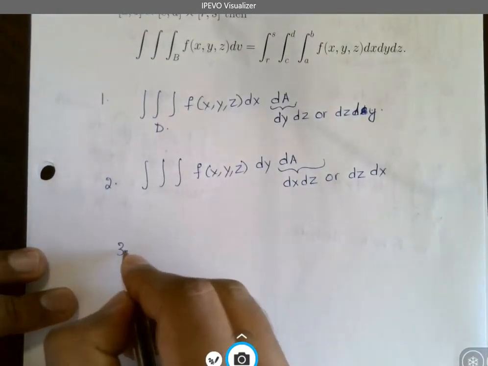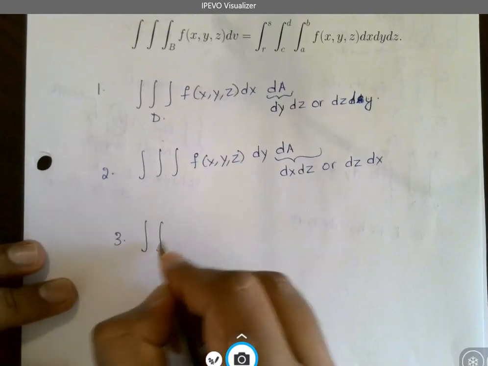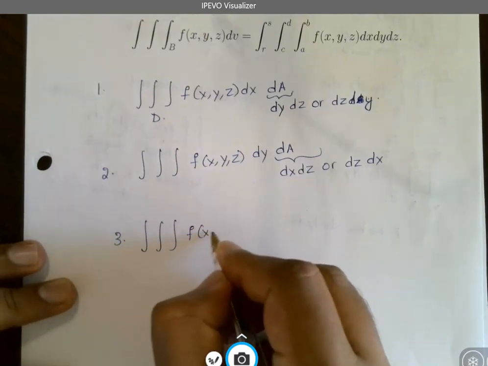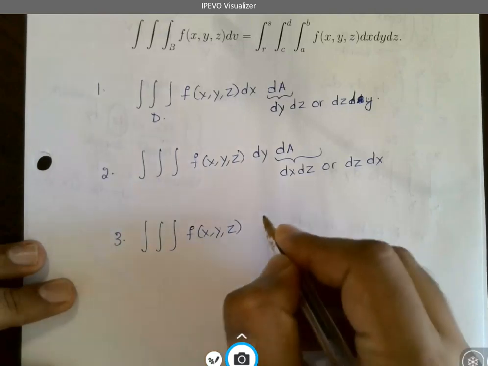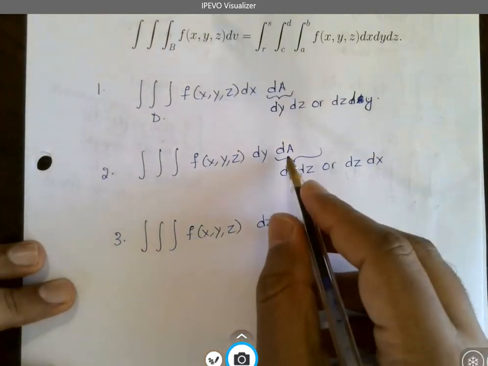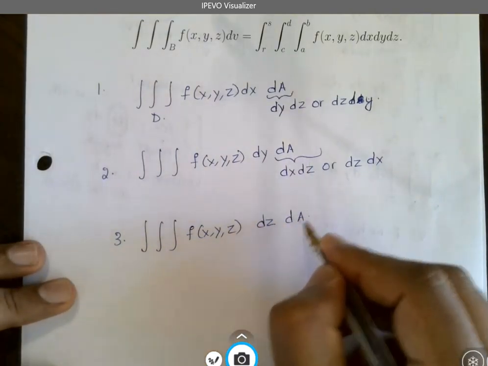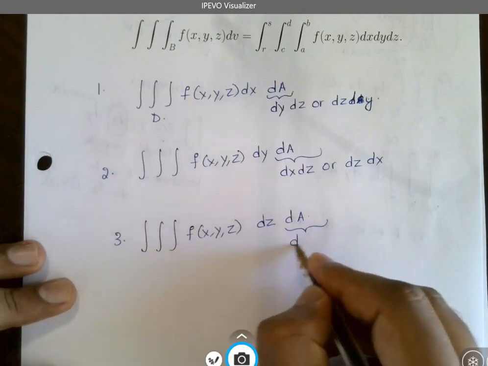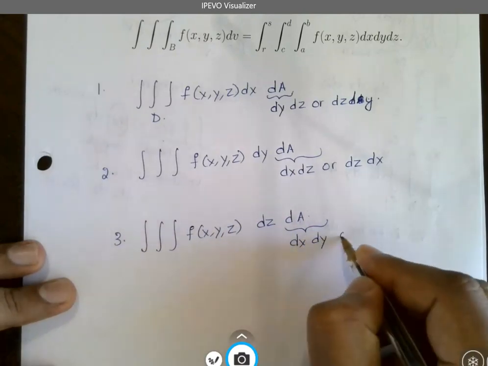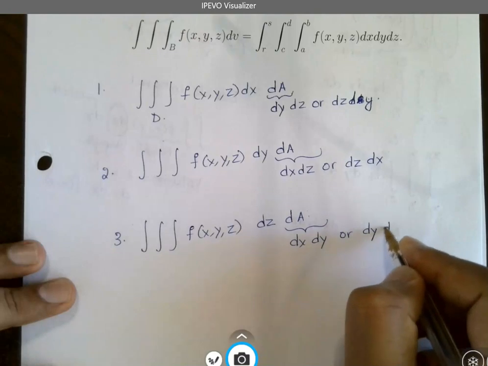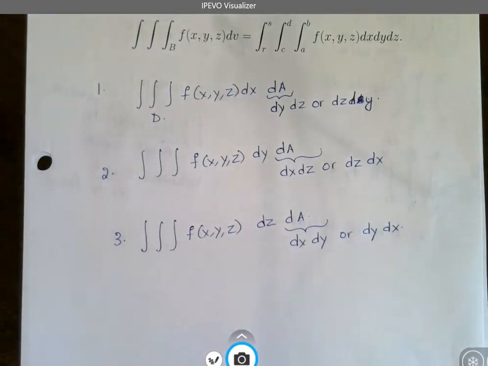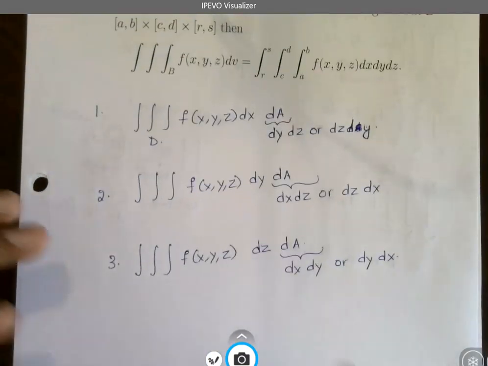Then the third one is a triple integral of f of x, y, z dz, with dV dA, where dA is dx dy or dy dx. Either way is fine. Depending on the problem, whichever is convenient to me, I would go with that.